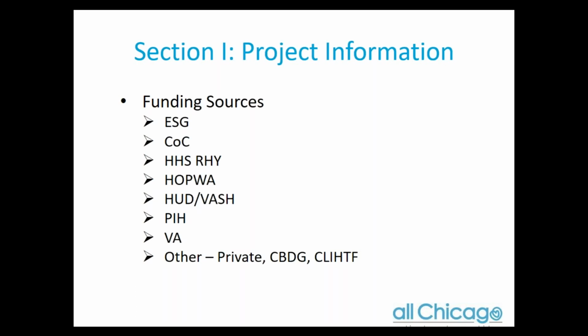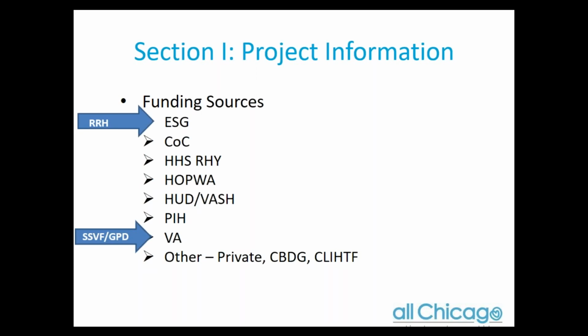So the next part is you'll be asked about your funding sources. So whether you're receiving ESG, COC, or VA, or the HUD-VASH is more applicable to you. So for my SSVF programs and GPD, you will have to check off the VA to get some additional questions pop up.